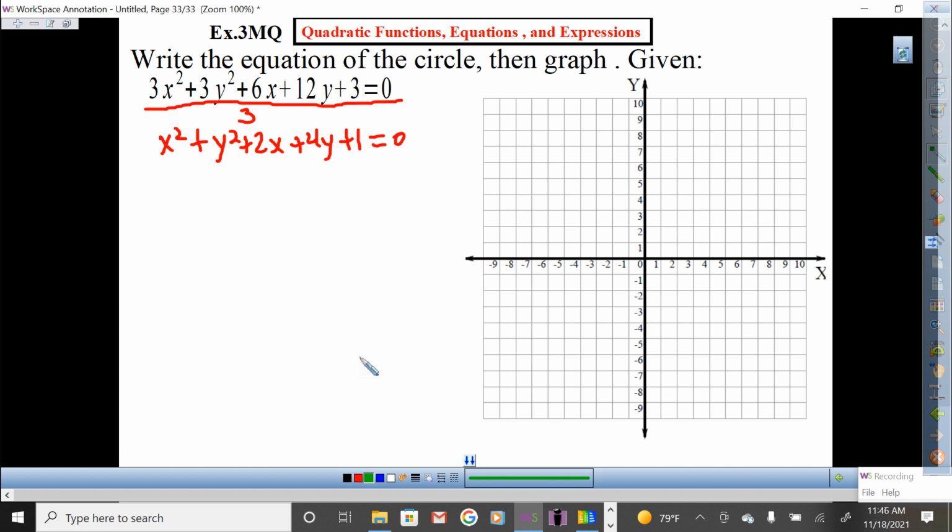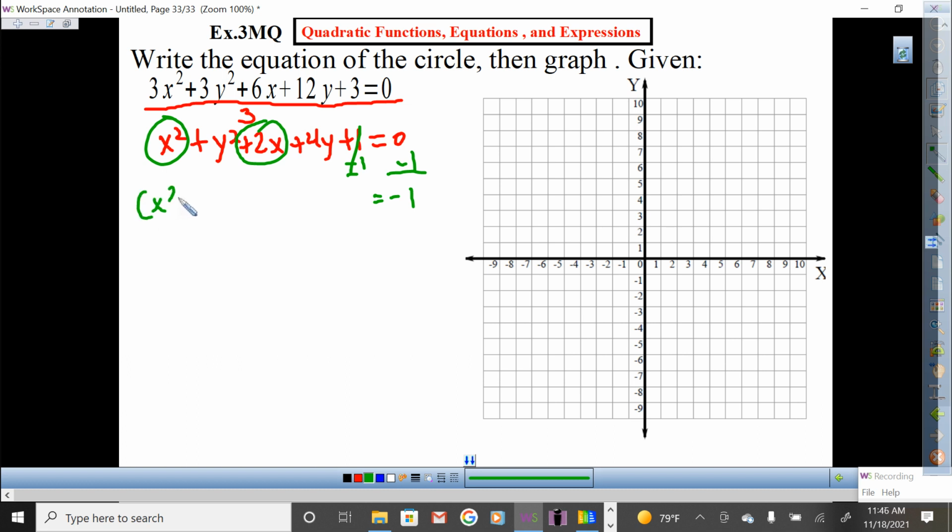Next, continue. Christian, go. Yes, -1, very good. So I bring down the -1. I rewrite this, but I group like variables.